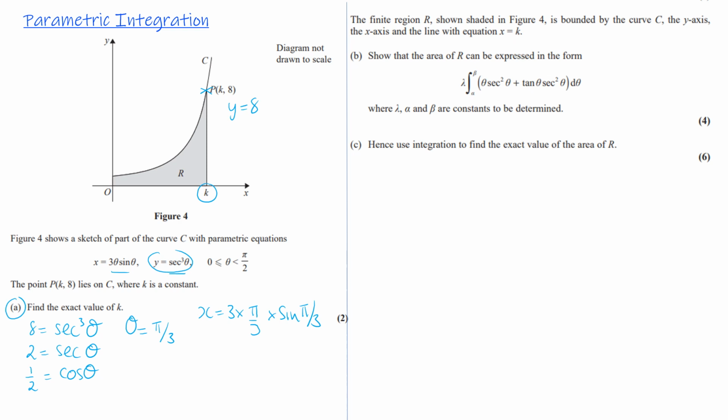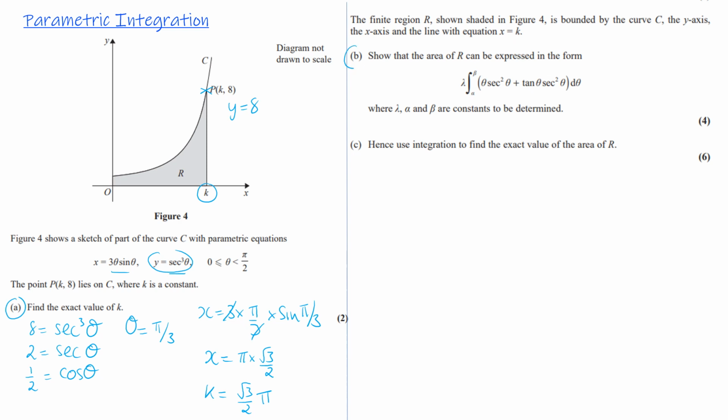Pi by 3 is 60 degrees, sine 60 is root 3 over 2. These 3's will cancel, so x is going to be pi times root 3 over 2, and that is what k is equal to, root 3 over 2 pi.